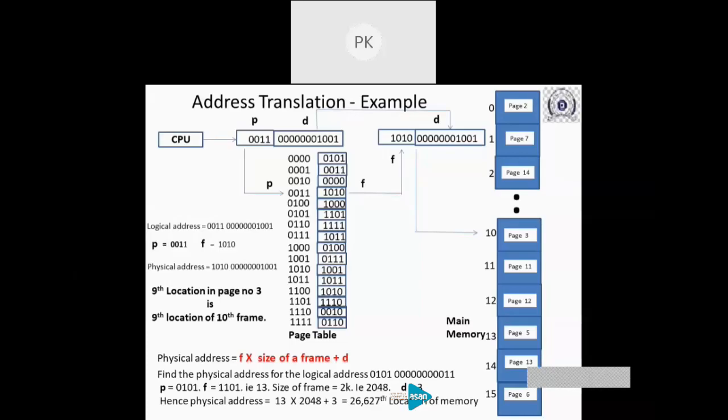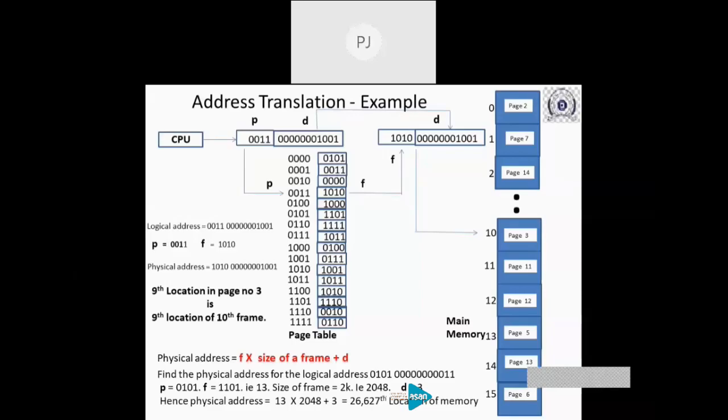To get the starting address of the fth frame, we have to travel all the frames from 0 to f minus 1. So the size of the frame has to be added f times. That's why we do f into size of the frame. And when the offset is added to that, we get the physical address.